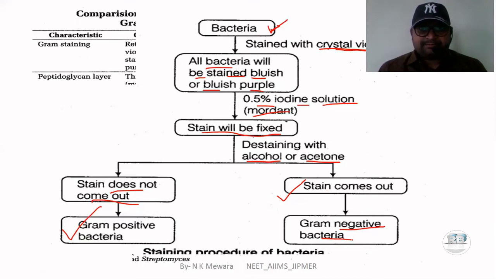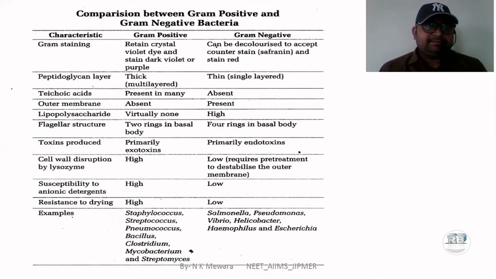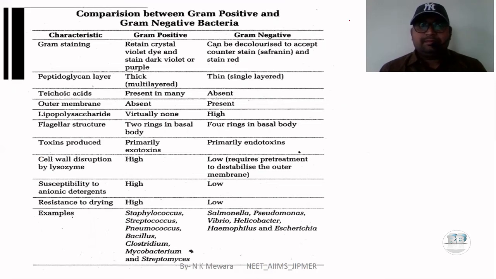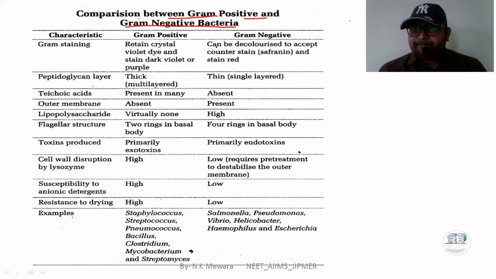Now next, the comparison between Gram positive and Gram negative bacteria. In Gram staining, the stain is retained and not removed in Gram positive, while in Gram negative it can be decolored and removed. The peptidoglycan layer is thick, multi-layered in Gram positive, and thin, single-layered in Gram negative.